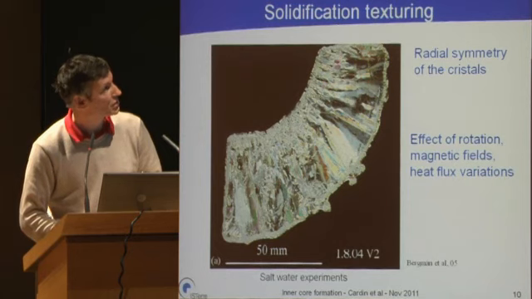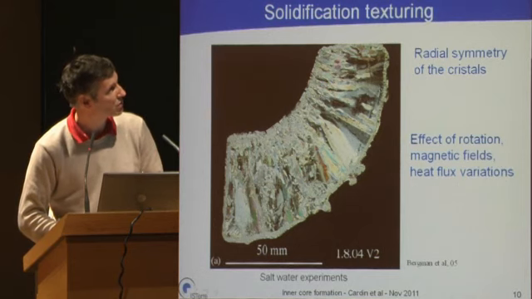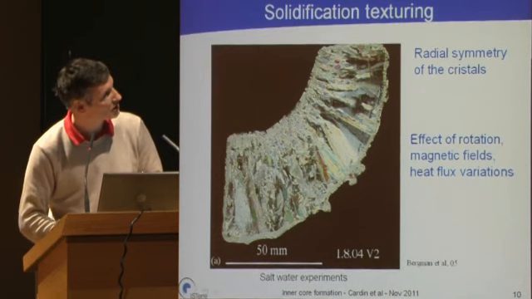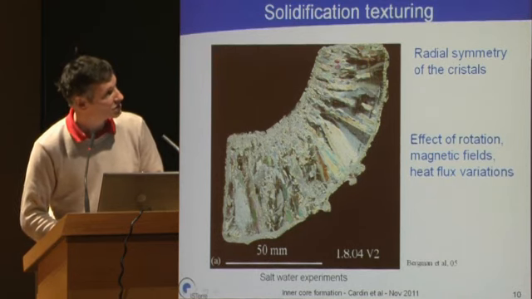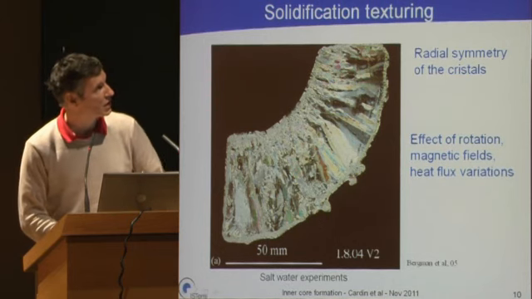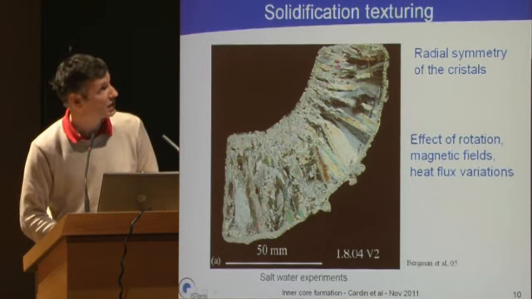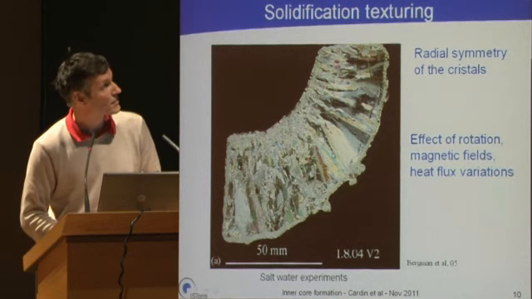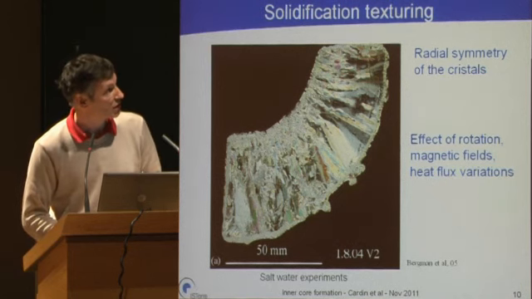For example, this study by Bergman is a solidification experiment. The inner core is here, and this is the inner core boundary growing with time, and you can see dendrites. And the crystals, in this case of salt water, are oriented and show solidification texturing.